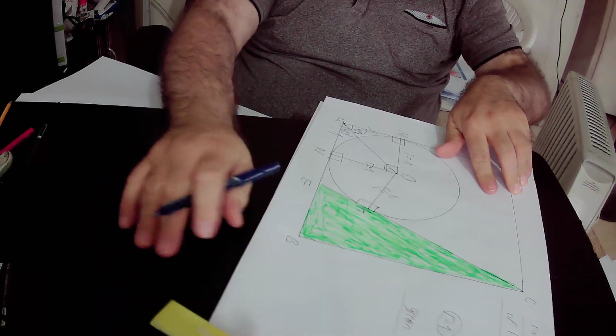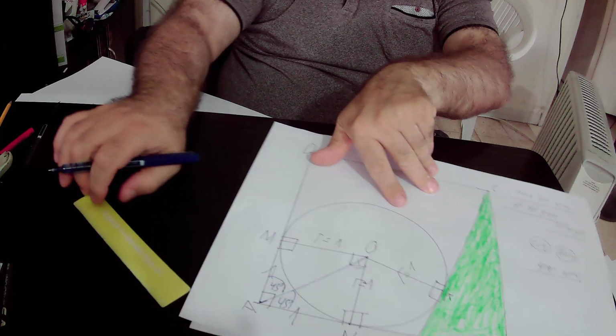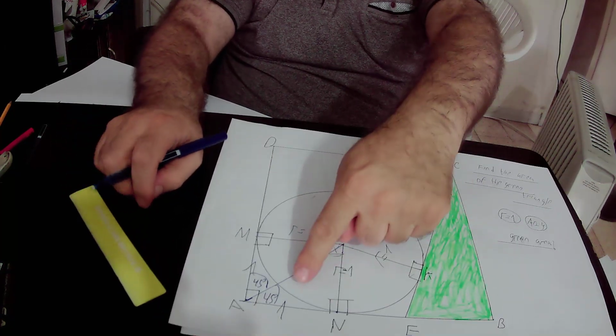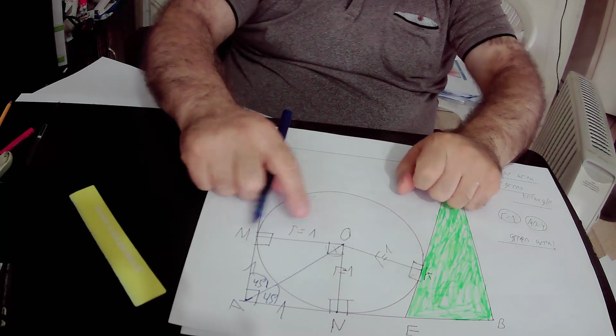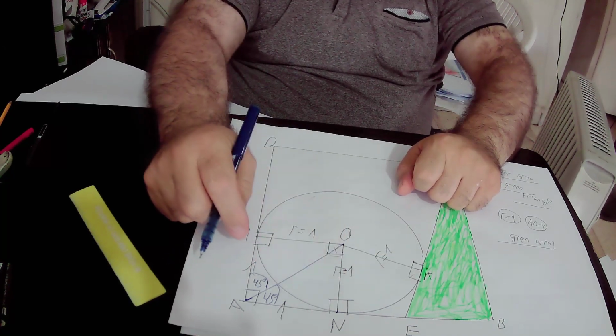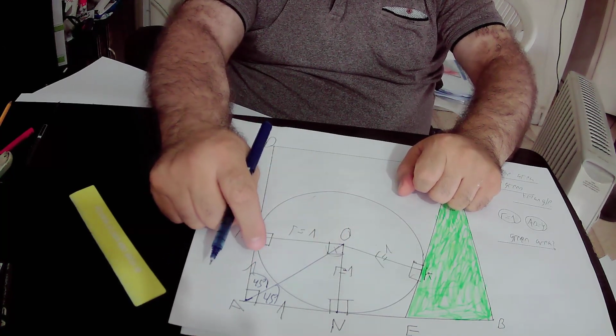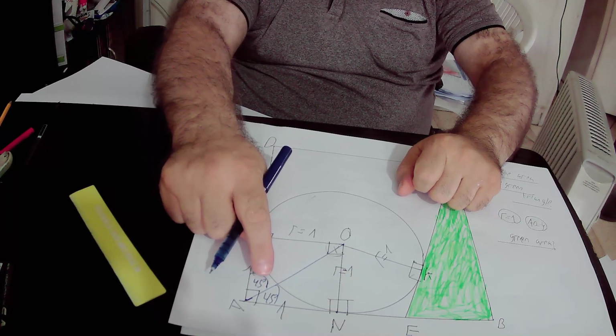So actually this angle, that is angle OAN, is equal to 45 degrees.